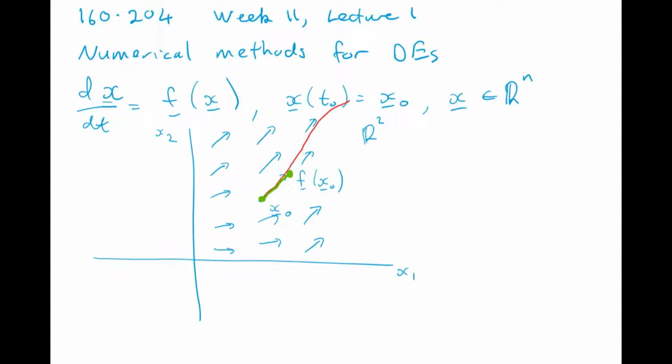But in Euler's method, I just take a straight line step. So the formula to get to the next value of x would be x1 is equal to x0 plus the time step, which I'm going to call h, times the little vector telling me in which direction I'm moving. That would take me to this point here.